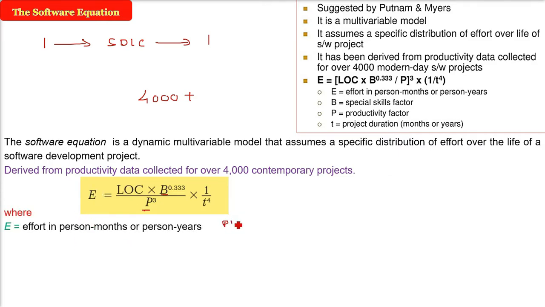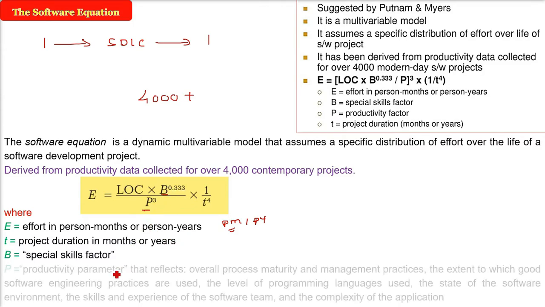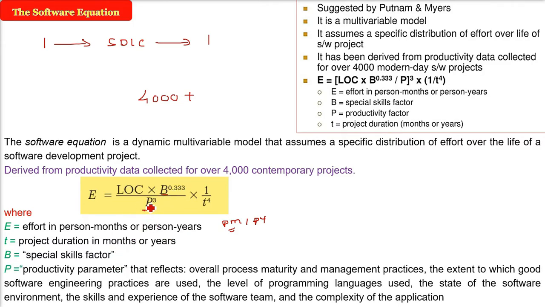So let me tell you again, in this software equation, effort will be in person month, person years. The time, which is project duration, in months or years. And this B is the special skills factor. This P is the productivity parameter.